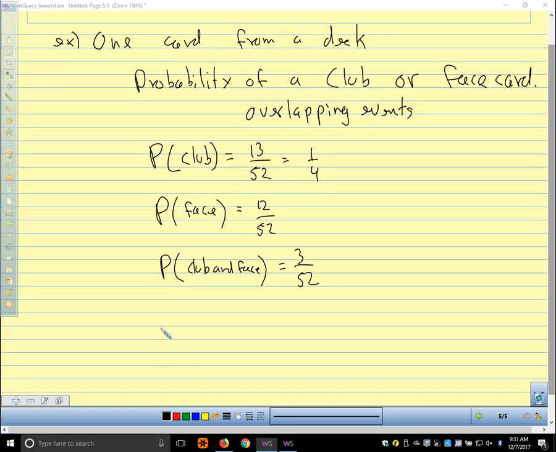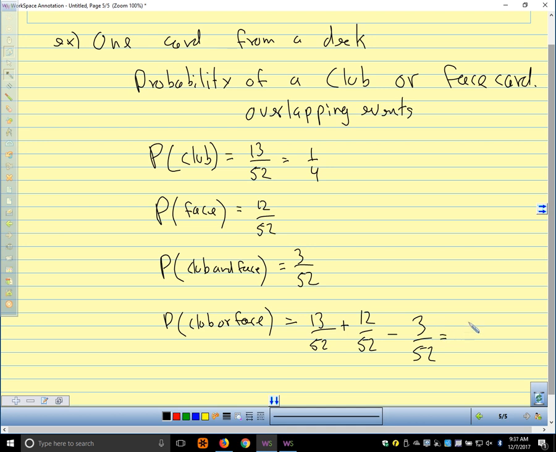So our probability of a club or a face is we add the individual probabilities, 13 over 52 plus 12 over 52. But these count parts of the overlap. So we're going to subtract the overlapping probability, minus 3 over 52.